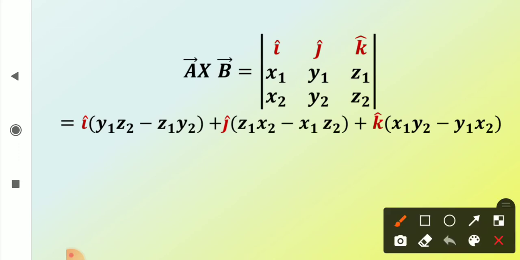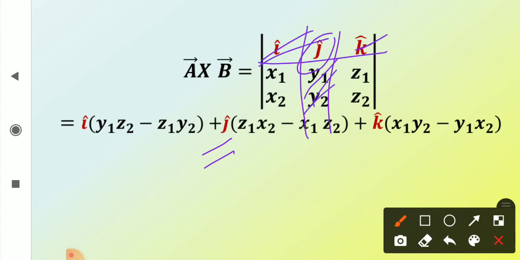Then for the second term, write plus j into, leave this column and leave this row. So after j you move to k. You will move in a straight line, you will not return back. So now cross multiplication: z1 into x2 minus x1 into z2.